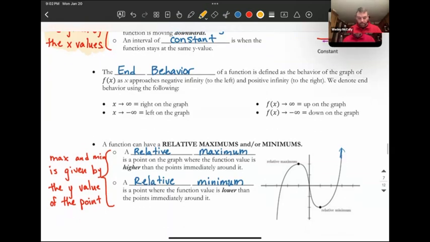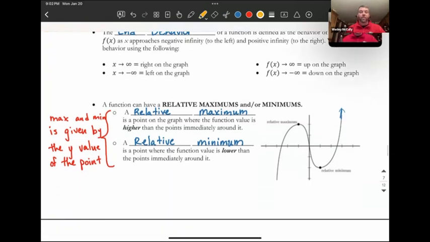Okay. A function can have a relative maximum or a minimum. A relative maximum is a point on the graph where the function value is higher than the points immediately around it. A relative minimum is a point where the function value is lower than the point immediately around it.